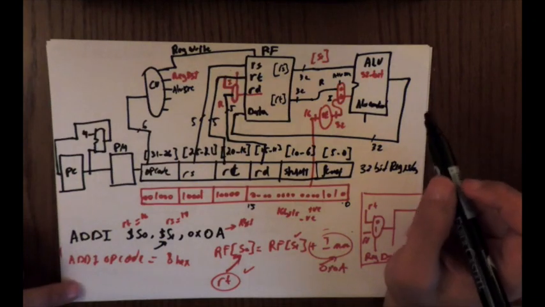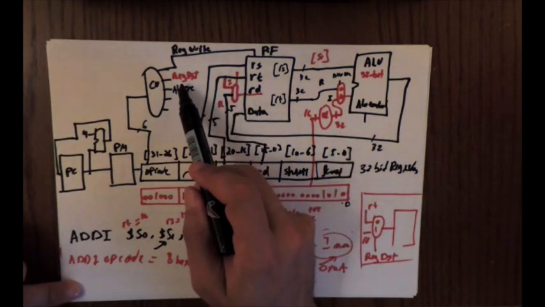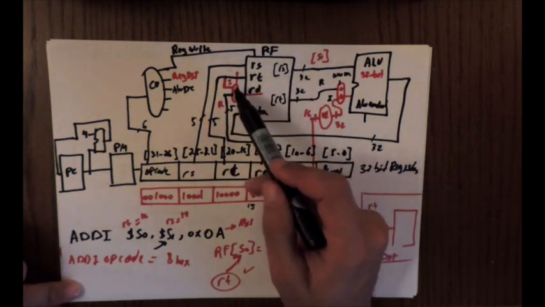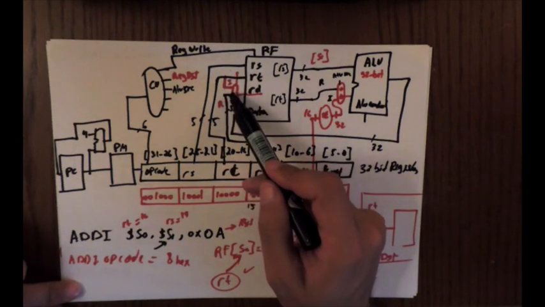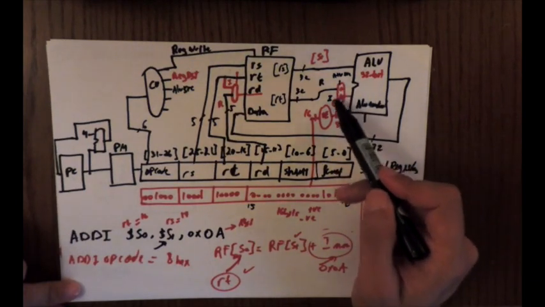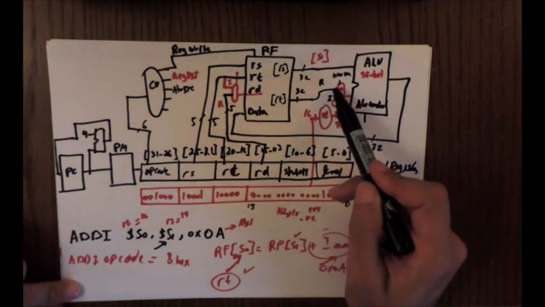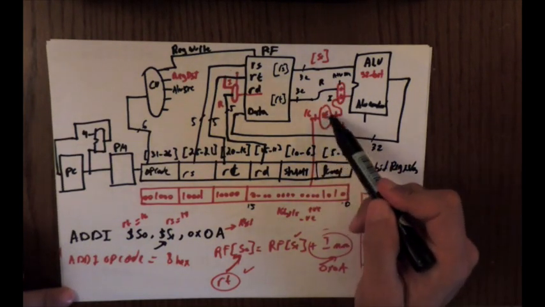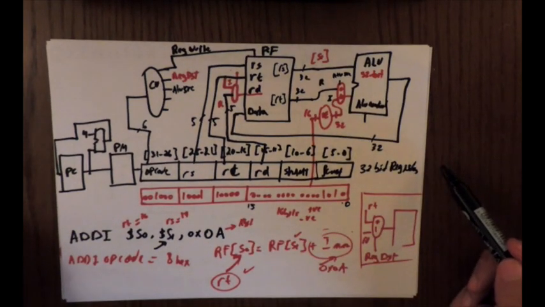So you see now I just added two control lines. Register destination chooses where I should place my data, whether the destination will be RT or RD, and another multiplexer here chooses between the content of RT in case of a normal addition, or a sign-extended immediate in case of an ADDI instruction.